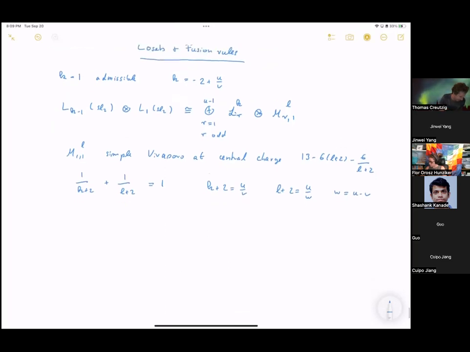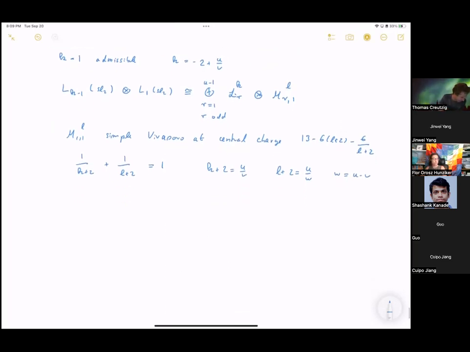Okay, now this Virasoro algebra has simple objects. The simple objects of this Virasoro algebra I denote by a subscript R, S, which should remind you a lot of the subscript of the highest weight modules of SL2, this D plus.